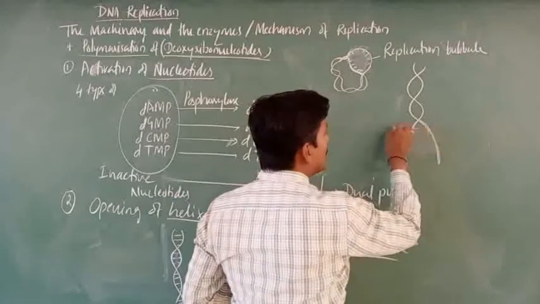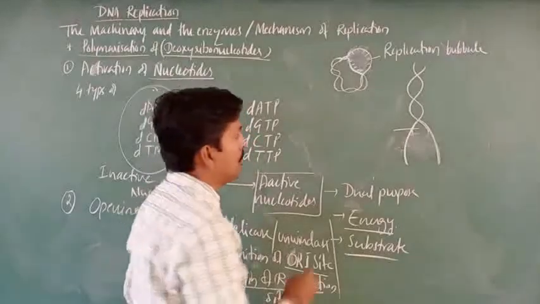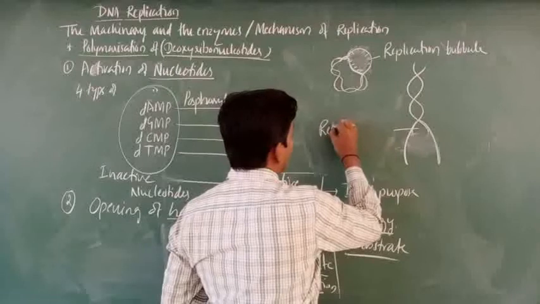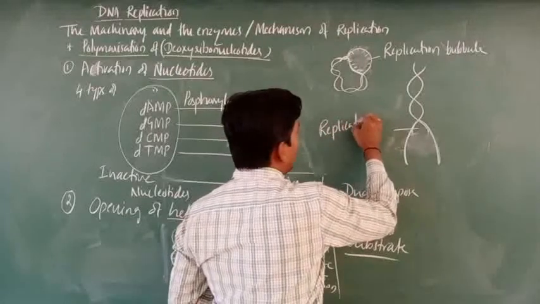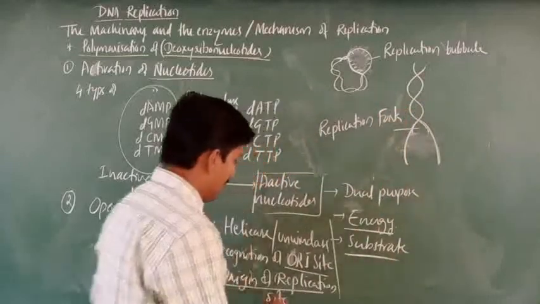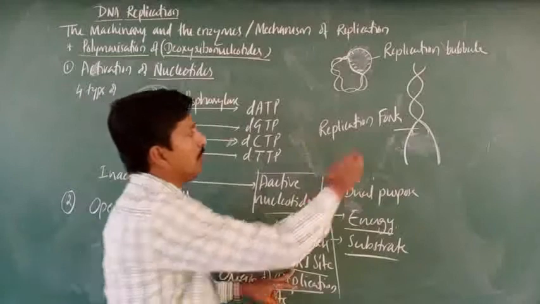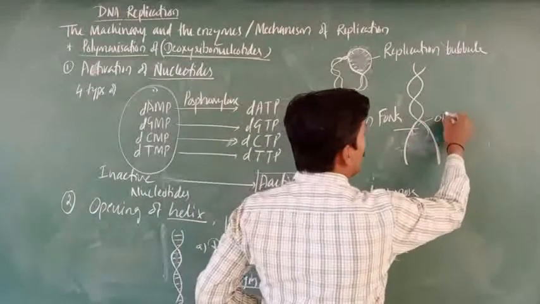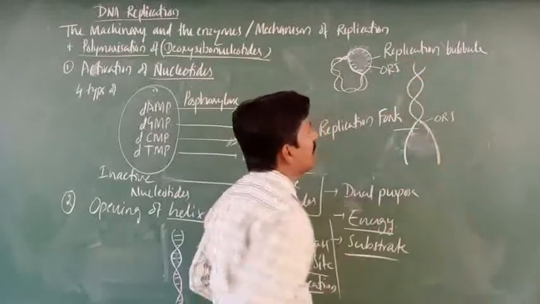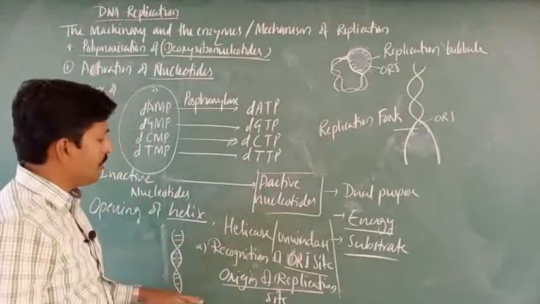So this is called the Y fork. A Y-like fork is formed, the replication fork. This is what we call ORI, this is the ORI, and this is also ORI, where replication begins. So these are the two steps we observed here.